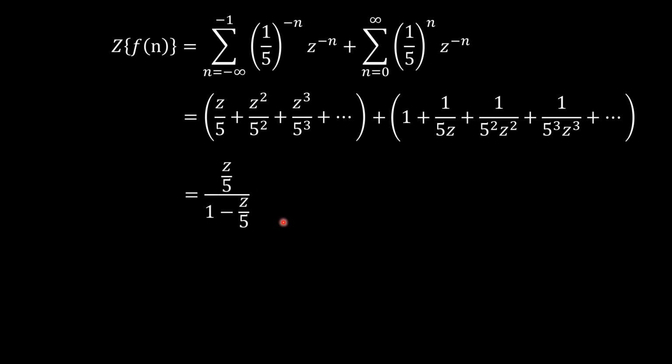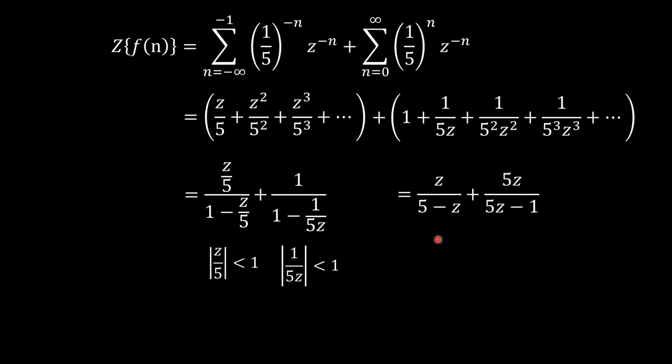Therefore the summation will be, for the first one, first term z upon 5 divided by 1 minus common ratio z upon 5, and this is true for modulus of common ratio z upon 5 strictly less than 1. And for the second one, it is first term 1 upon 1 minus 1 upon 5z, and this is true for modulus of common ratio, that is mod of 1 upon 5z, strictly less than 1.